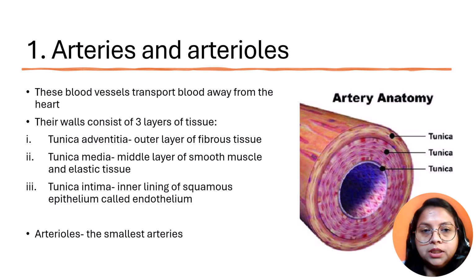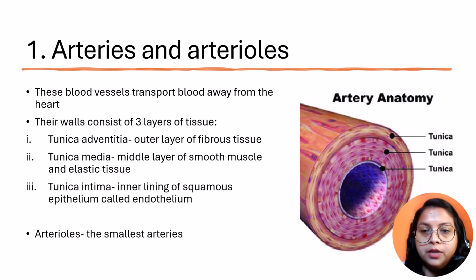Now talking on these blood vessels one by one, firstly talking on arteries and arterioles. Arteries carry oxygenated blood from the heart, and these have three structural layers. First one is tunica adventitia, which is the outer fibrous layer. Tunica media is the middle smooth muscle and elastic layer.